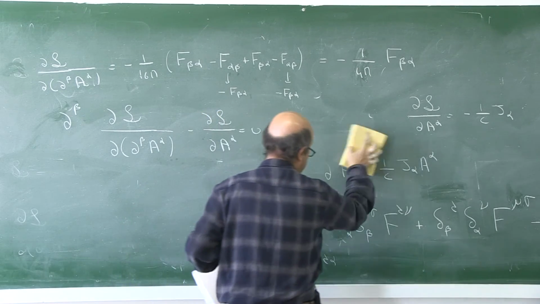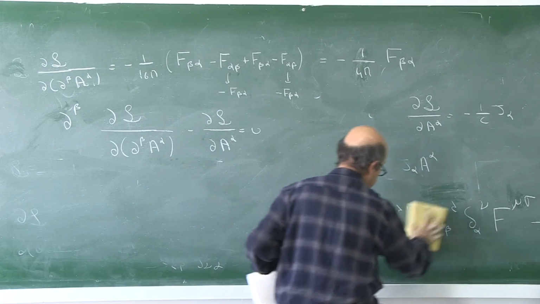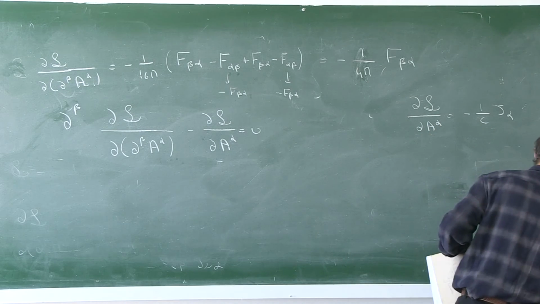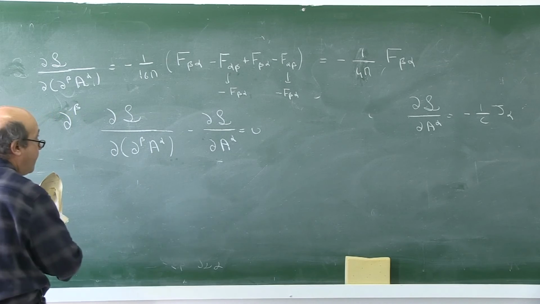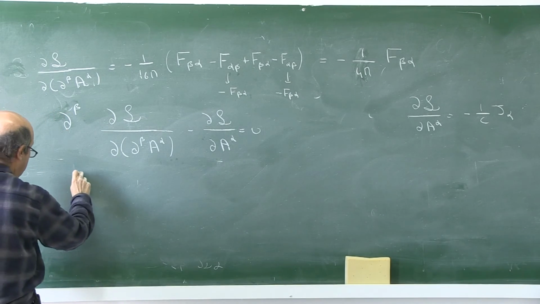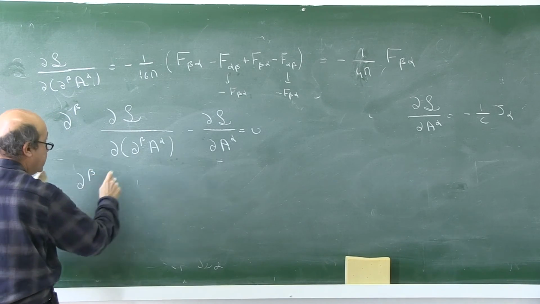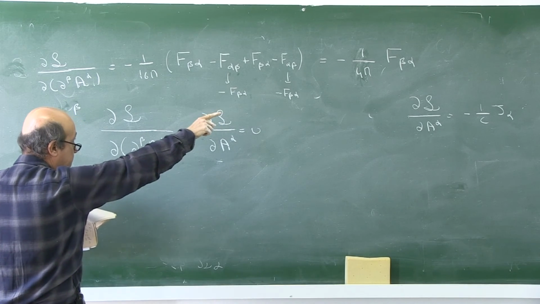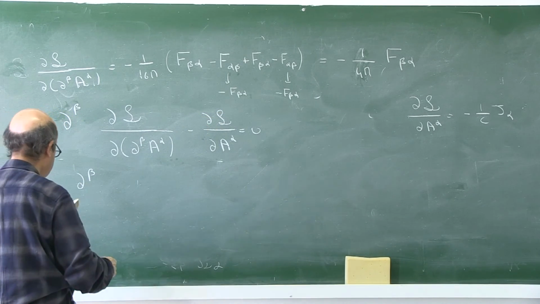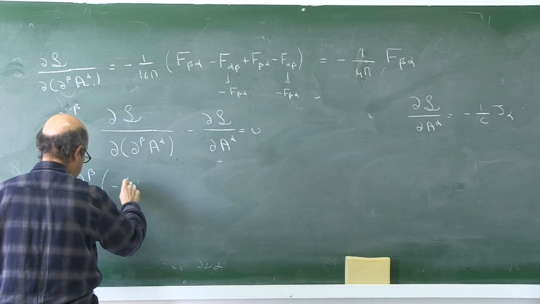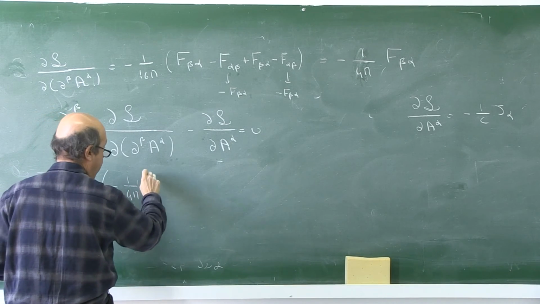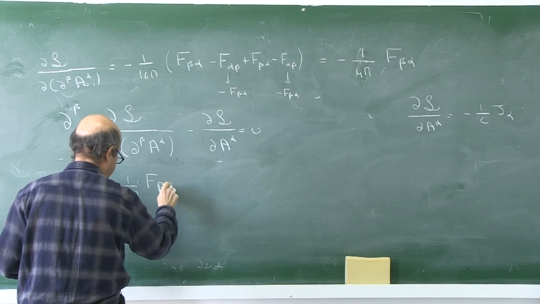So I am keeping the earlier Lagrange equations. This term is del beta of the derivative of the Lagrangian density with respect to del beta A alpha, that is minus 1 over 4 pi F beta alpha.